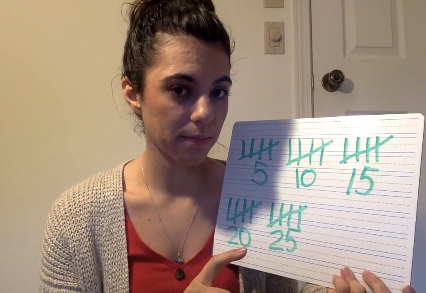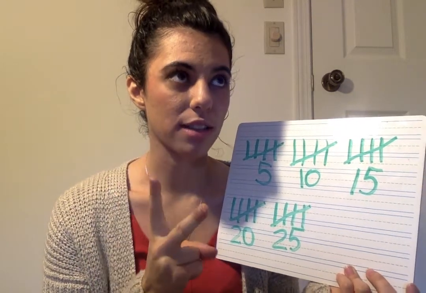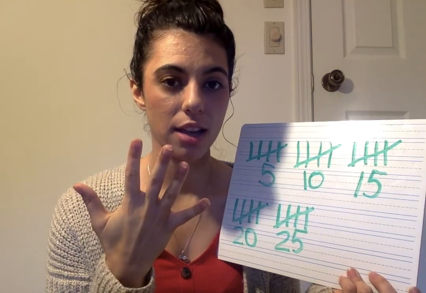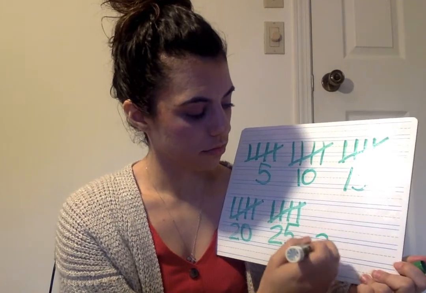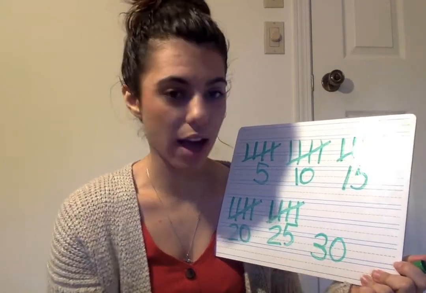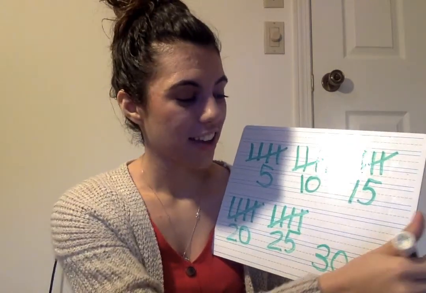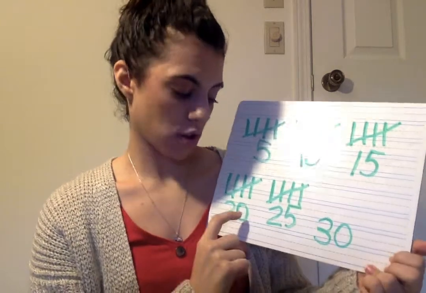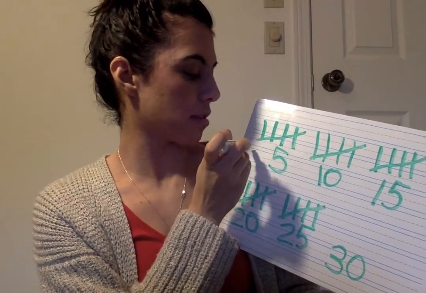So let's think. 25, let's count on 26, 27, 28, 29, 30. Does the number 30 have a 0 or a 5 in the ones place? Yes.